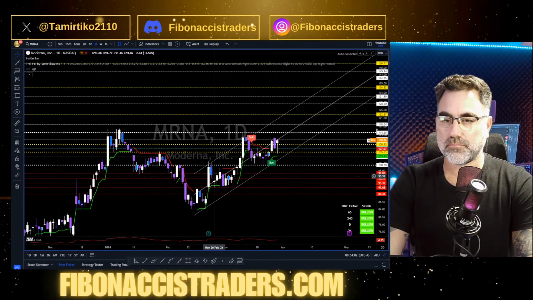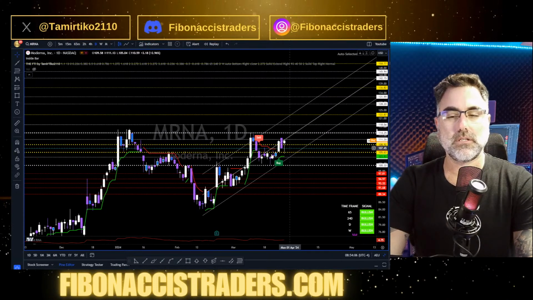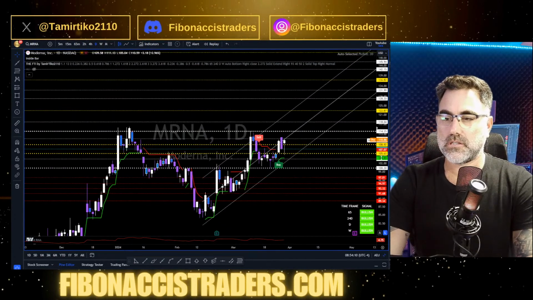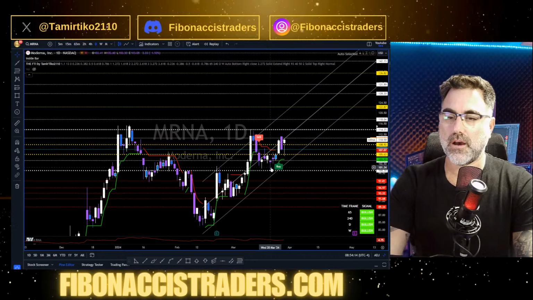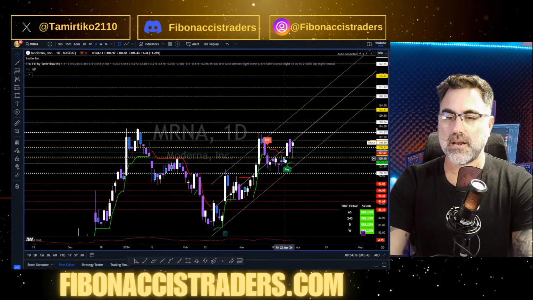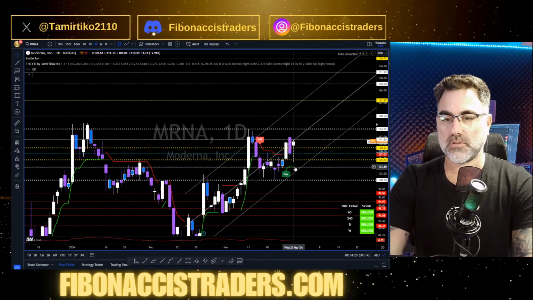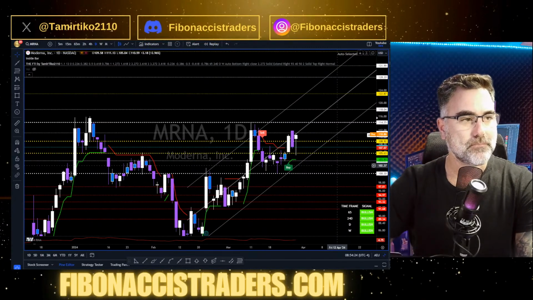Overall, Moderna looks bullish on all time frames, looking good as long as you manage your risk. And according to the FTI, your stop loss should be just here, the 104, 103 area. This is why we have the green line. This is our risk management for long, stop loss for long. The red line is stop loss for short.